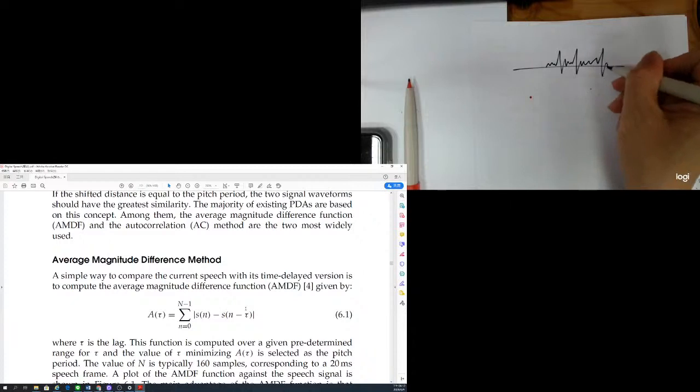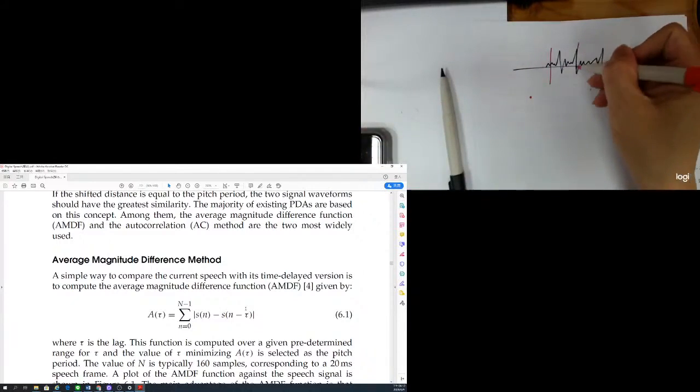For example, this one is our speech frame.